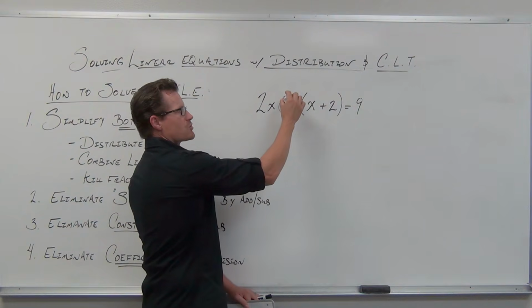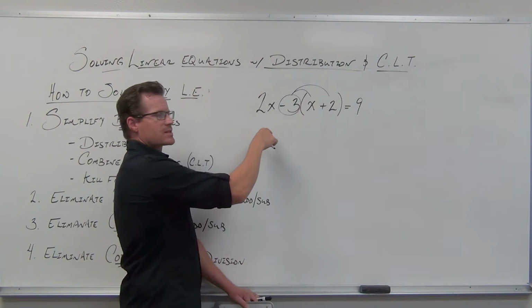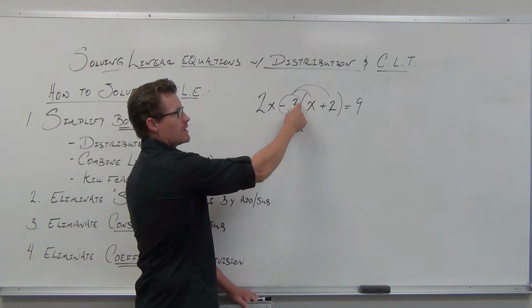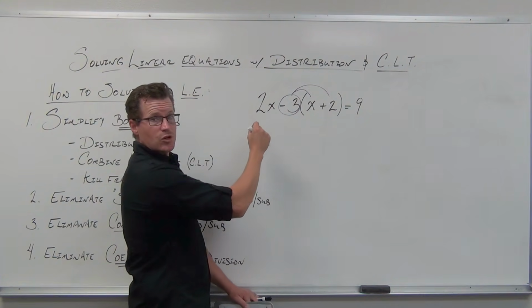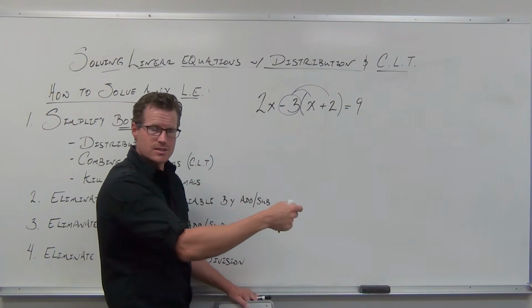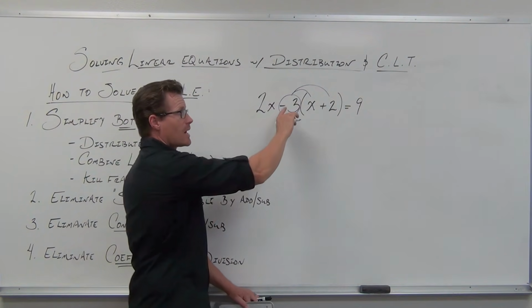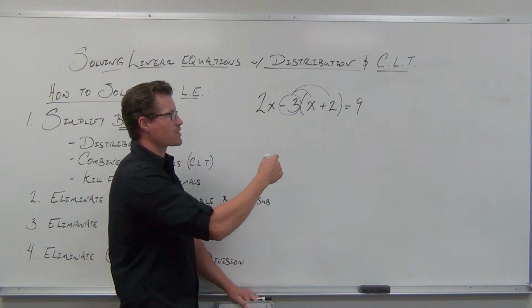We have to know order of operations at this point. Parentheses first, exponents, multiplication, division. Distribution is multiplication, and that happens before combining like terms, because that's an addition and subtraction concept.